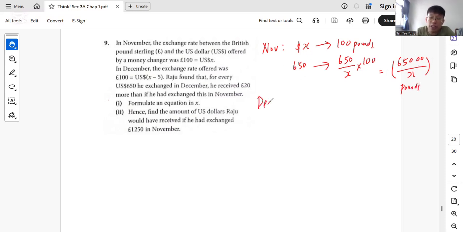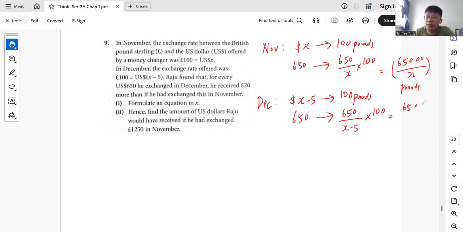But if you change it in December, how much? X minus 5 for 100 pounds. So if you change 650 USD, it will be 650 over X minus 5 times 100, so it's 65,000 over X minus 5. This is in December. He said that if you change in December, you will get 20 pounds more.